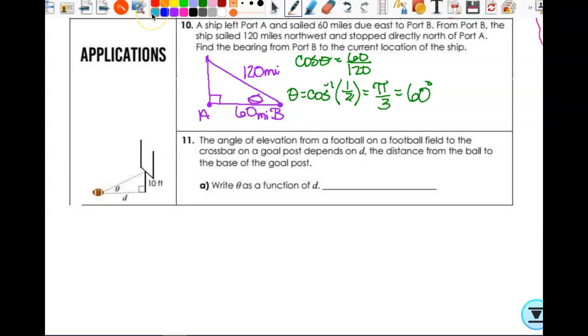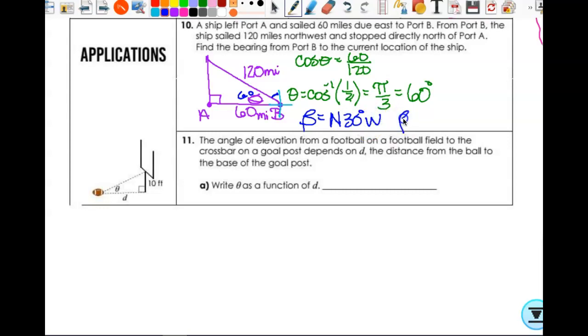So let's think bearing. You can do it 2 different ways, and we're going to write it both ways. I can do a northwest type of bearing, which would be this angle right here, and this angle is 60, so what would that part right there be? 30, so we could say this is north 30 degrees west.